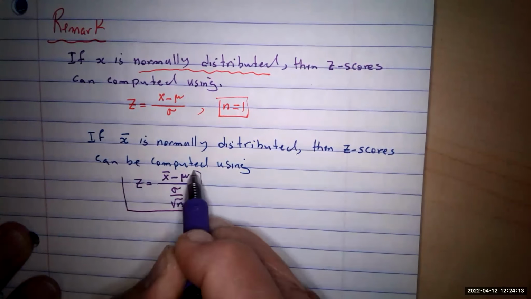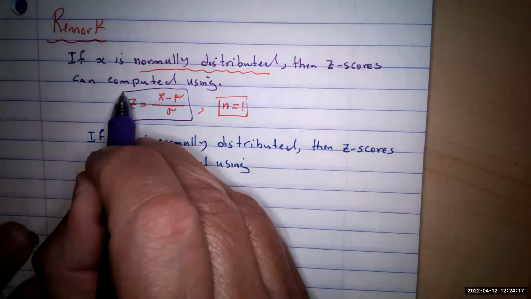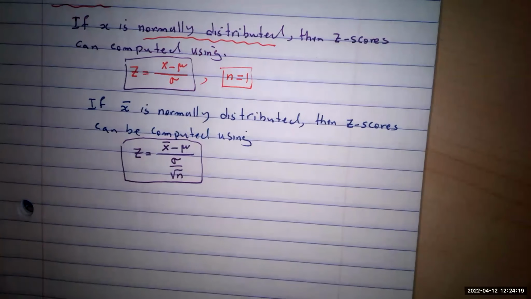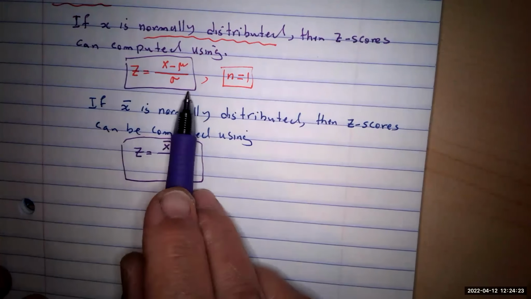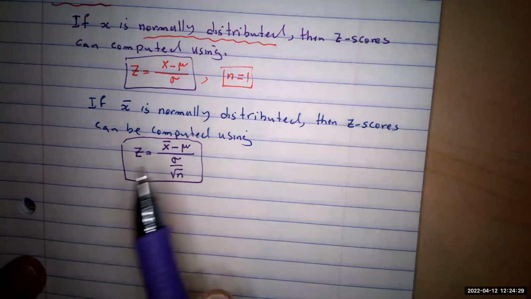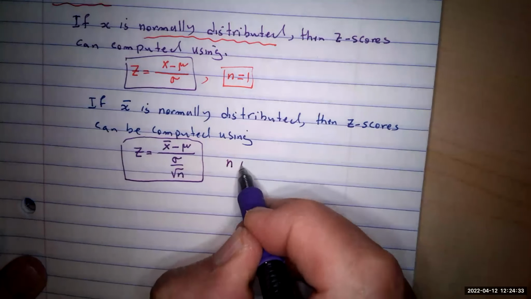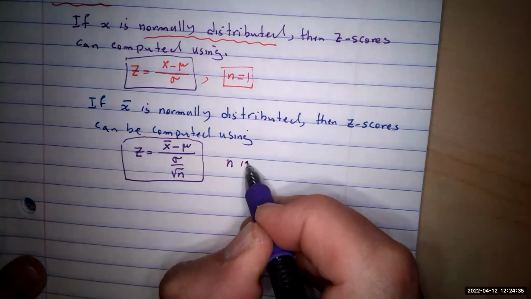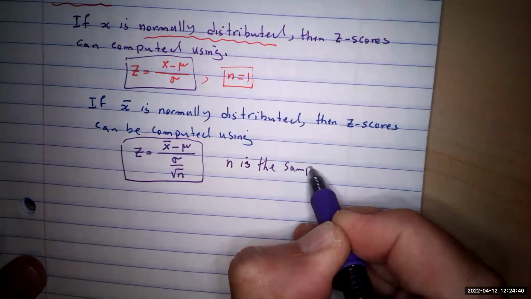So that is going to be the difference between the first formula and the second one that we're going to use. Originally this is your Z score, and we usually pick 1% out. But in this form, n is the sample size.